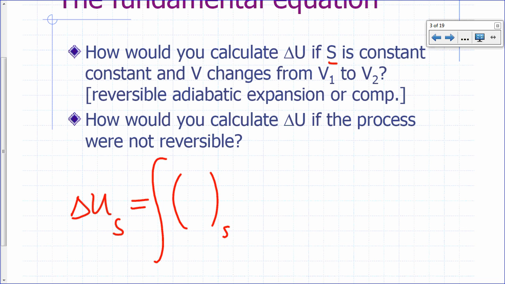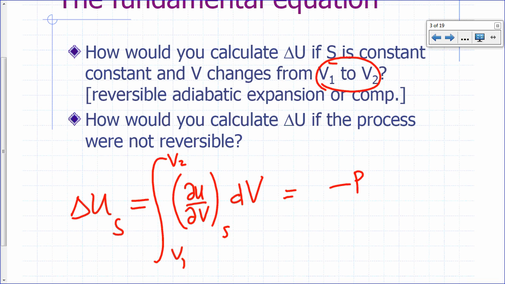I'm changing my volume from V1 to V2, so what's my differential here? The integral of dV. And what's partial of U with respect to V at constant S? Negative P. So this is just going to be the integral of negative P dV from V1 to V2.